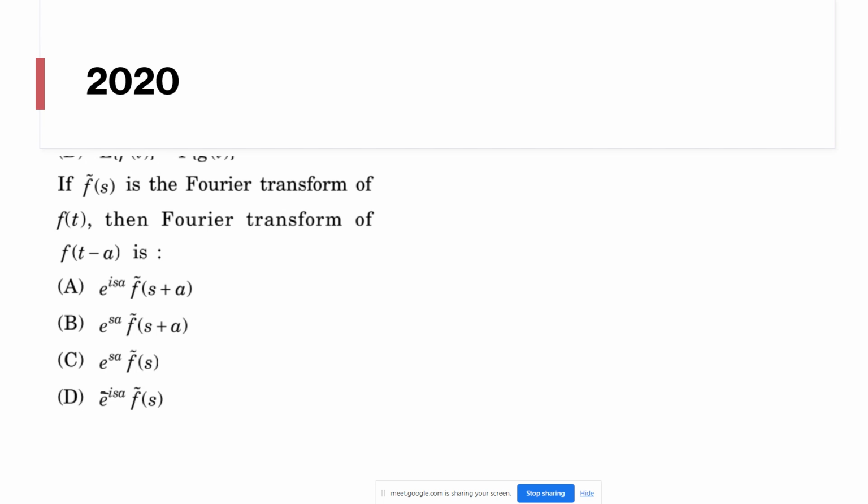F of t minus a. Whenever you have a shift of minus a, you get the same answer, but it gets multiplied with an exponential factor. So which option is correct?